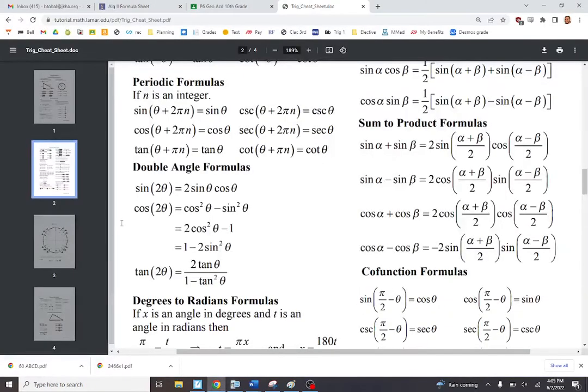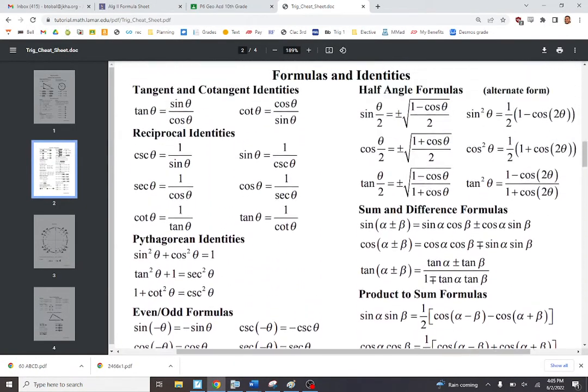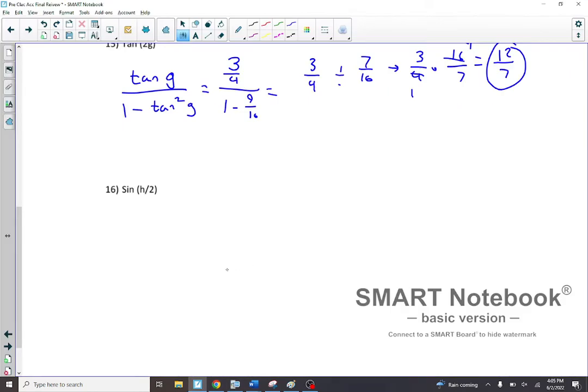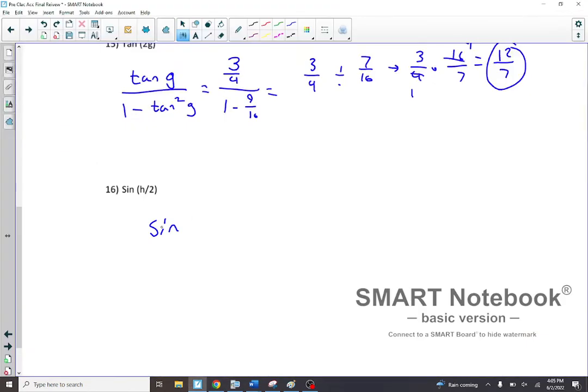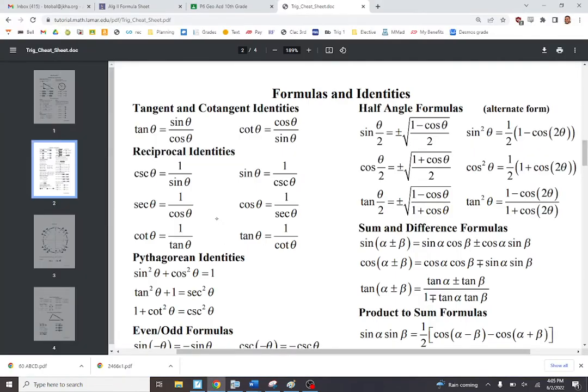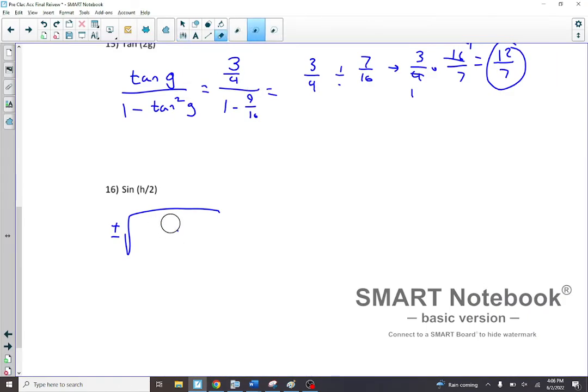Sine of h divided by 2. So we would do the half angle formula. So sine of h over 2 is plus or minus the square root of 1 minus cosine of h over 2.